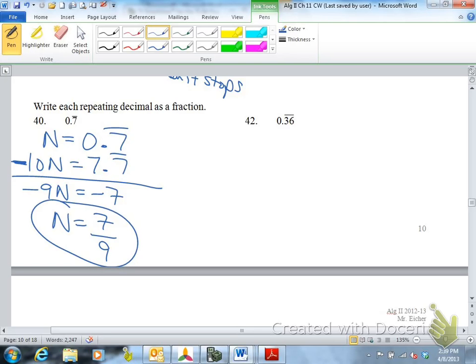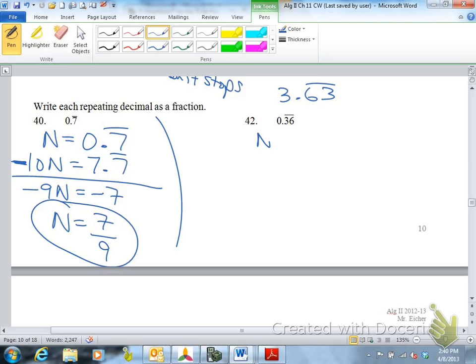And this idea you can use for bigger numbers repeating, like 0.36 repeating. You have 2 repeating decimal places. So we're not going to multiply by 10. That would be a bad idea. If you multiply by 10, you would get a number which isn't going to be able to subtract out with a repeating decimal place. Next is 100.